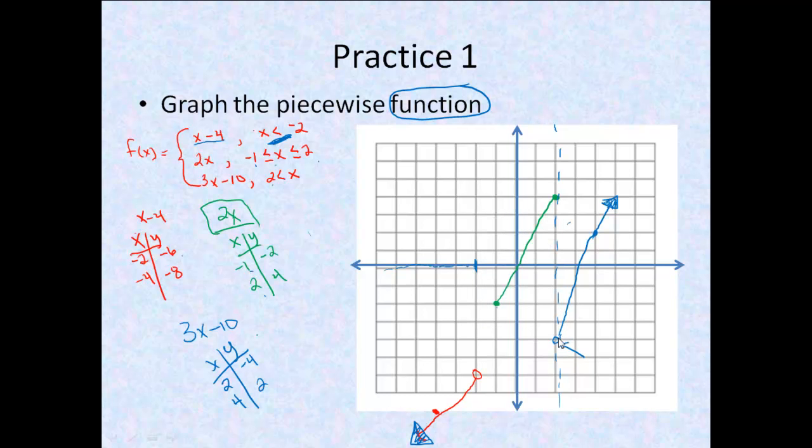We get as close as we can to that value, but it's not included. So this is still a function, even though it looks like 2 points line up on top of each other, but because the one is an open circle, it still passes because that point is not included. So the piecewise function is actually just graphing multiple linear equations with domain restrictions on one graph.